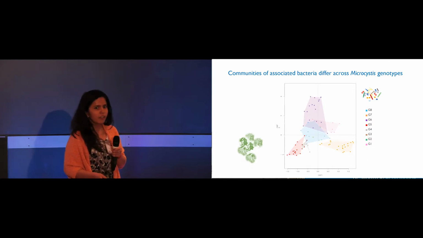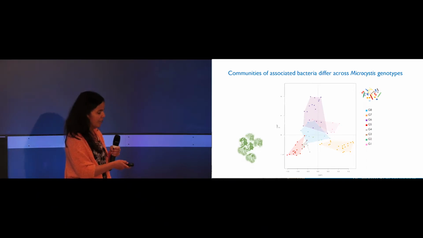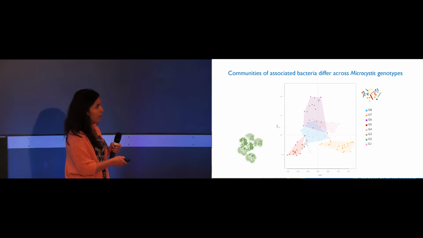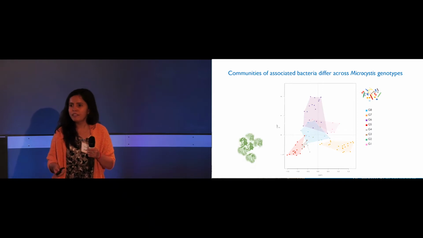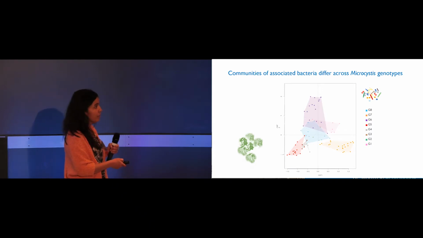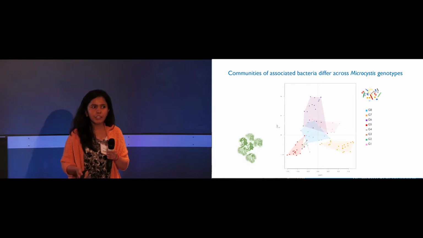When we plot the results of the distance-based analysis, we have different points. The distances are based on the relative abundance of the associated bacteria, excluding Microcystis, and each point is a colony. What we can see here is that the colonies are clustering based on the genotype.